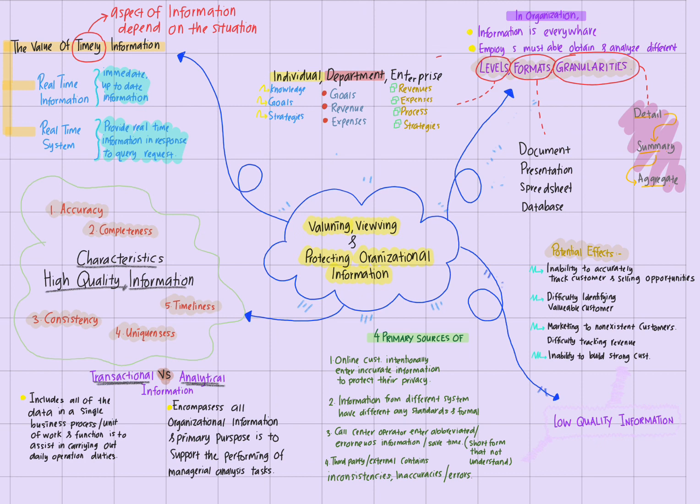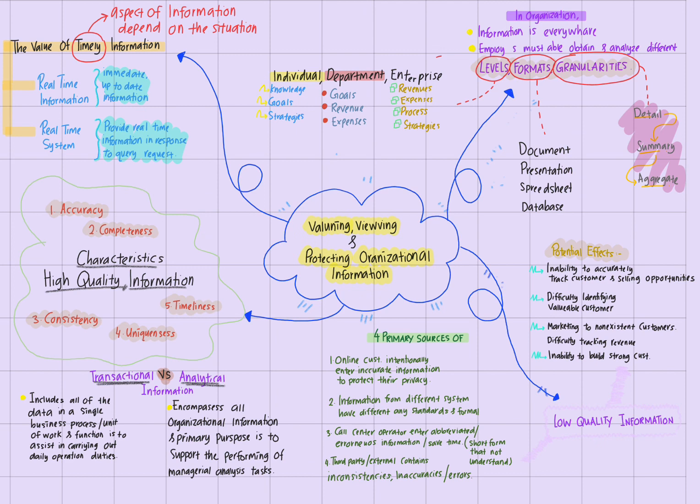So for low quality information, there is potential business effect resulting from the low quality information, and also have four primary sources of it. So for potential business effects resulting from the low quality, number one is inability to accurately track customer.